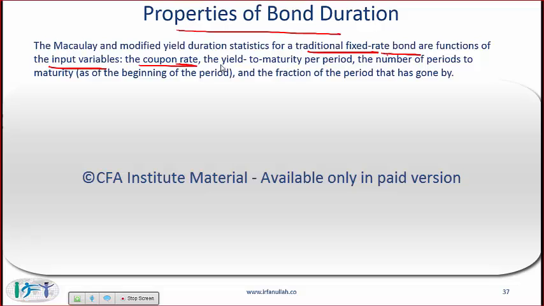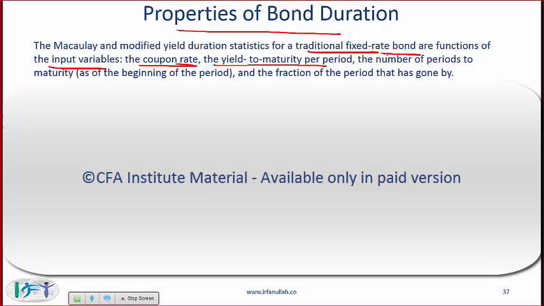How does duration depend on yield to maturity? So remember, duration is a measure of interest rate sensitivity. So if you look at this picture on the right, at high YTM, the sensitivity is less. At low YTM, sensitivity, so this is low YTM over here, this is high YTM.